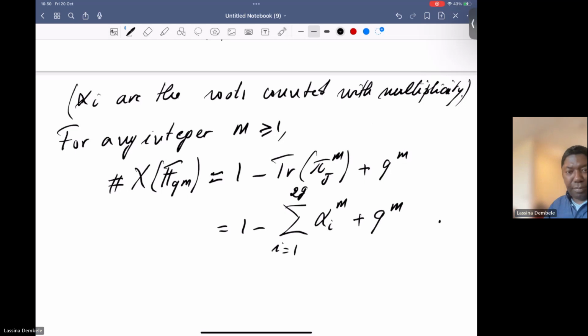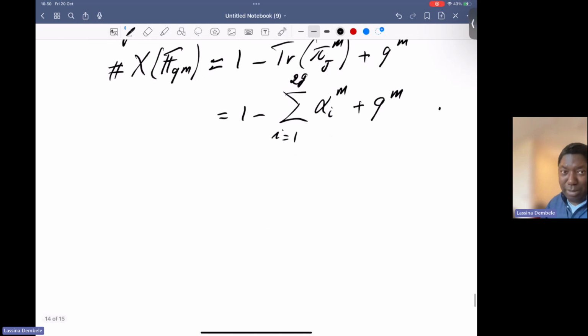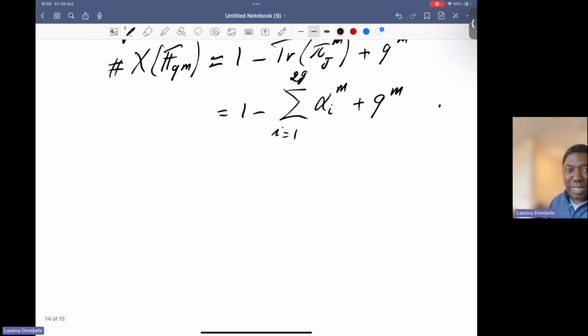And the second relates to the second proposition, which was known as the Weil conjectures, which are now theorems. They are now theorems, but they are still called the Weil conjectures, some 60 years later anyway.